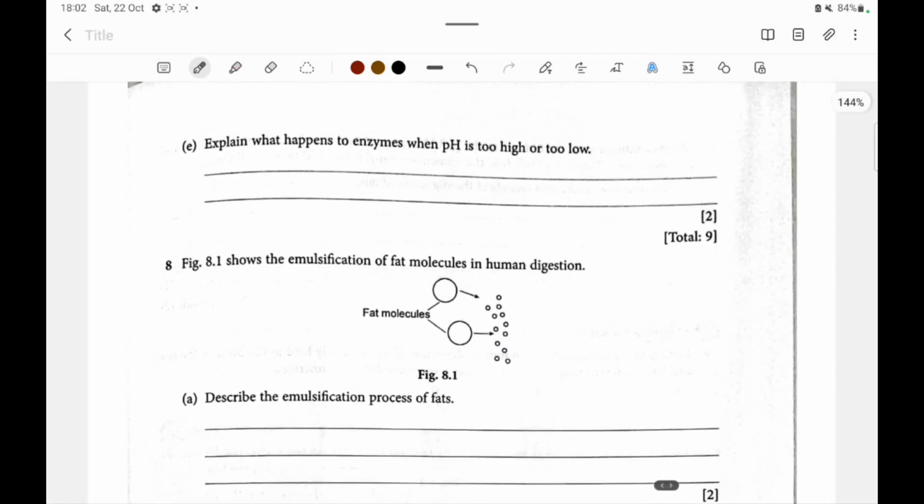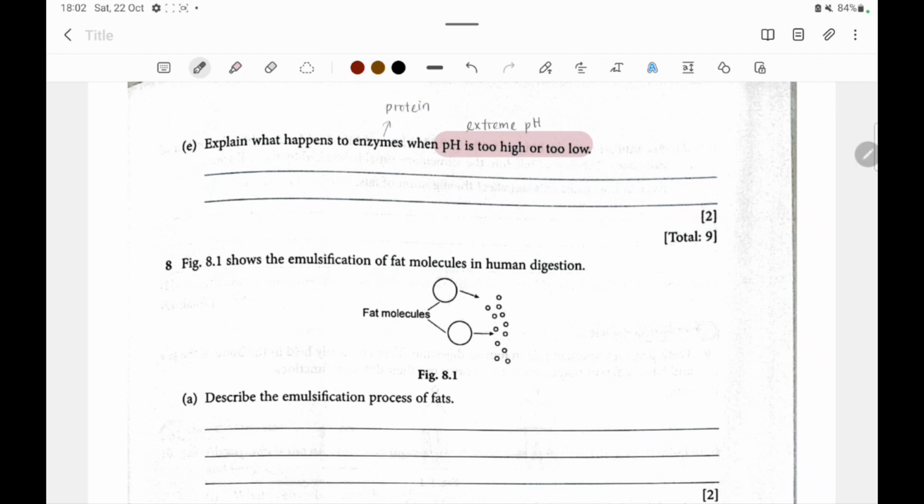E. Explain what happens to enzyme when pH is too high or too low. Okay. This one is, we can say it as extreme pH. So this one, when the pH is too extreme, the enzymes are actually proteins.